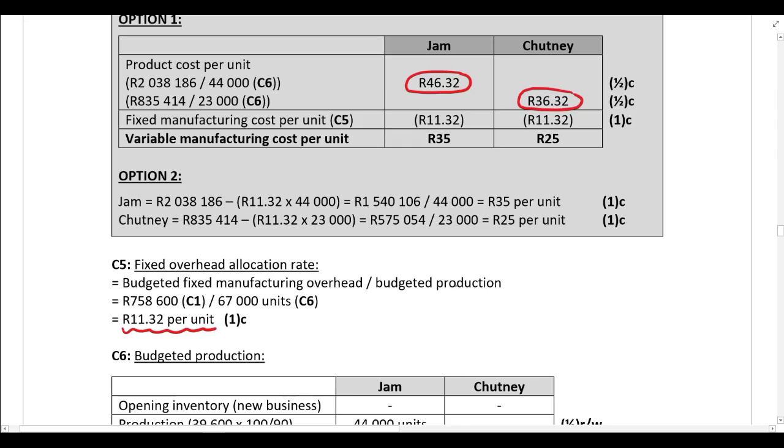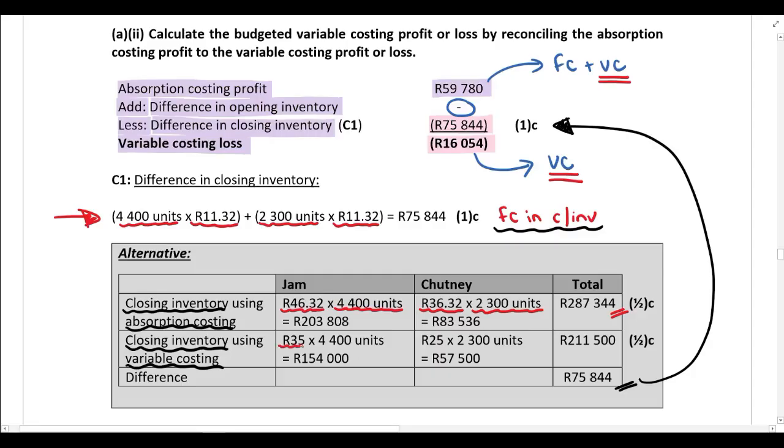On the other hand, if variable costing is used, then we should only include variable manufacturing costs in the value of inventory. So for jam, it's 35 Rand per unit multiplied by 4,400 units, and for chutney, 25 Rand per unit multiplied by 2,300 units. So that is the value of closing inventory if variable costing is used. And you can then just calculate the difference between the two, which is taken into account in the calculation above. So you can see if variable costing is used instead of absorption costing, we have a loss and not a profit.